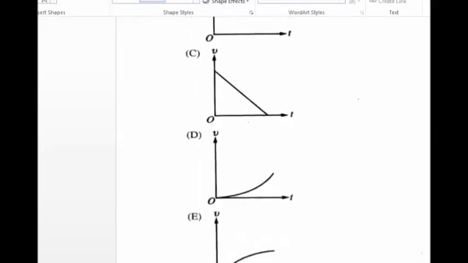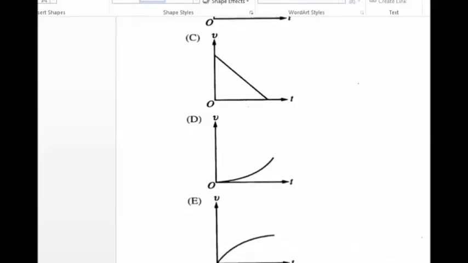Now D also has initial velocity 0, so this doesn't fulfill the condition. E also has initial velocity 0, it doesn't fulfill the condition. So the only graph which fulfills the condition of initial velocity something and final velocity 0 is C. That is an acceptable answer.